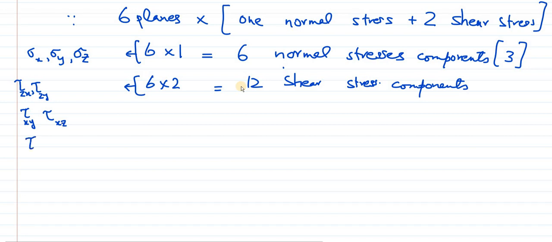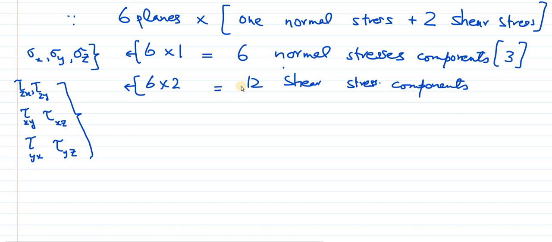And similarly then we have tau yx and tau yz. All right, so if we know these 6 components, and these 3 components, we will be able to know the rest by the requirement of equilibrium. I hope I'm making it clear. Now, you need to know these 3 and these 6.